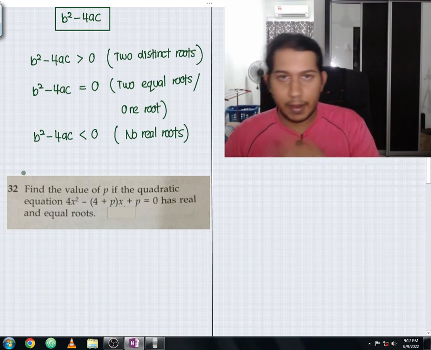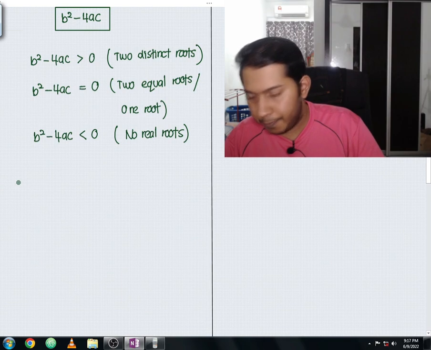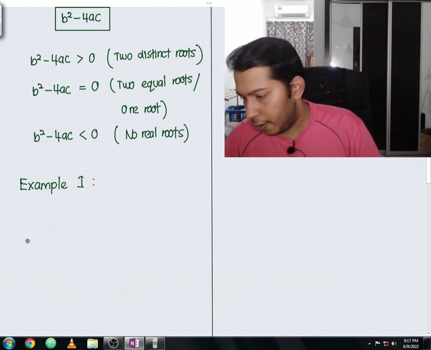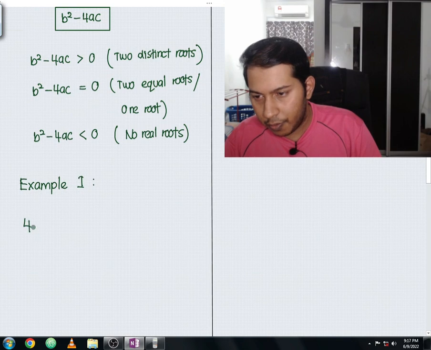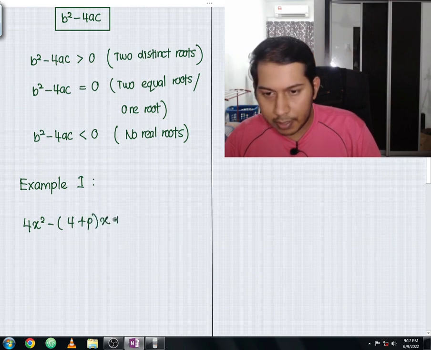To start off, let me write the whole expression. Example 1: 4x squared minus (4 plus p) x plus p equals 0.